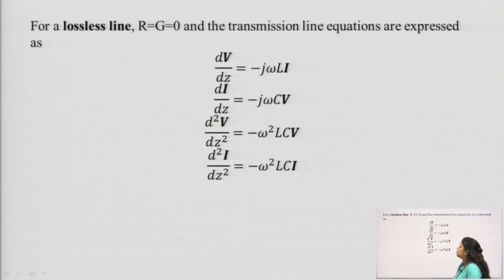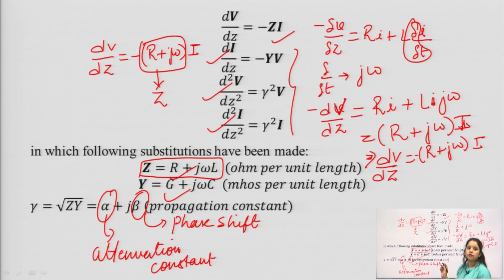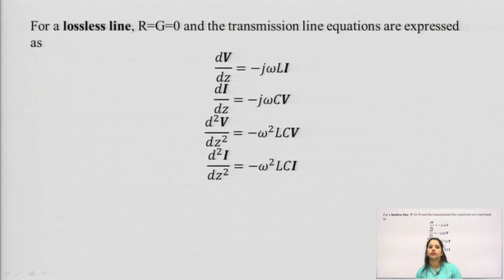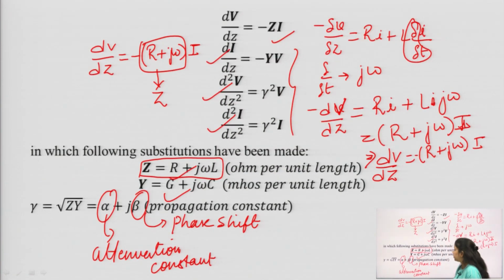These equations that I have here are for the lossy medium, but if the medium is lossless, in that case what do we have to do? We have to replace r equal to g equal to 0, and see what the change in the equation is. First again I will do one for you.